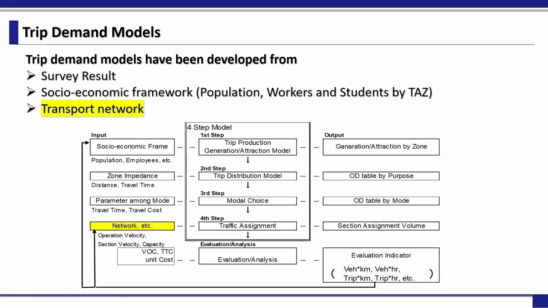Traffic assignment means how much traffic is expected on each road and transport section of the computerized network. Based on the demand forecasting, we developed the following five transport network cases.